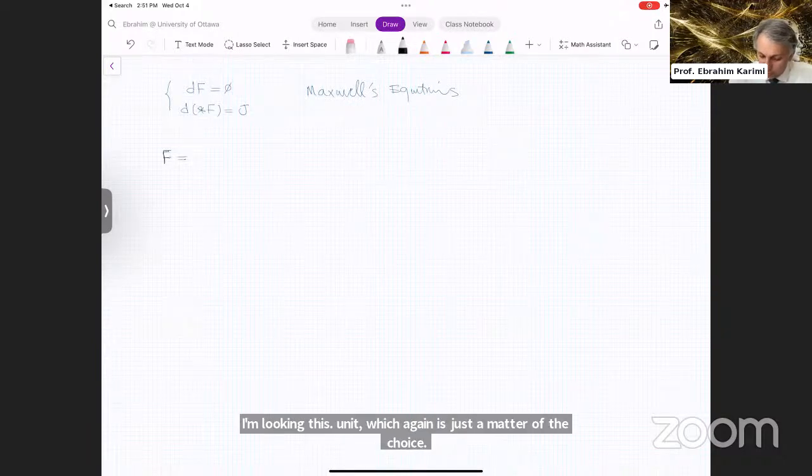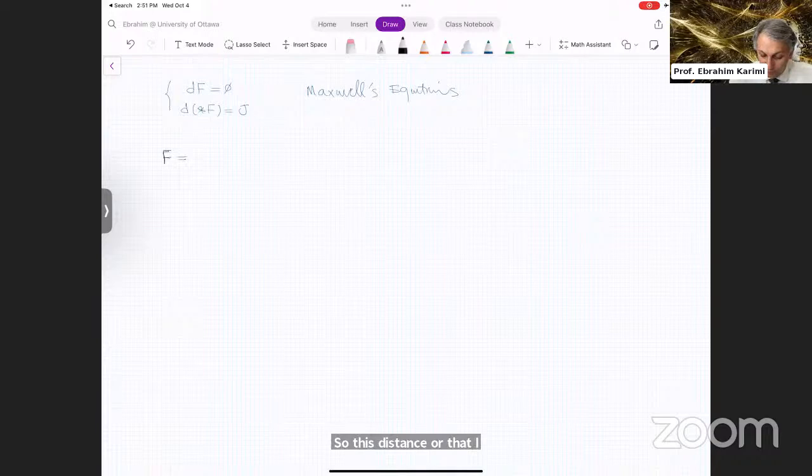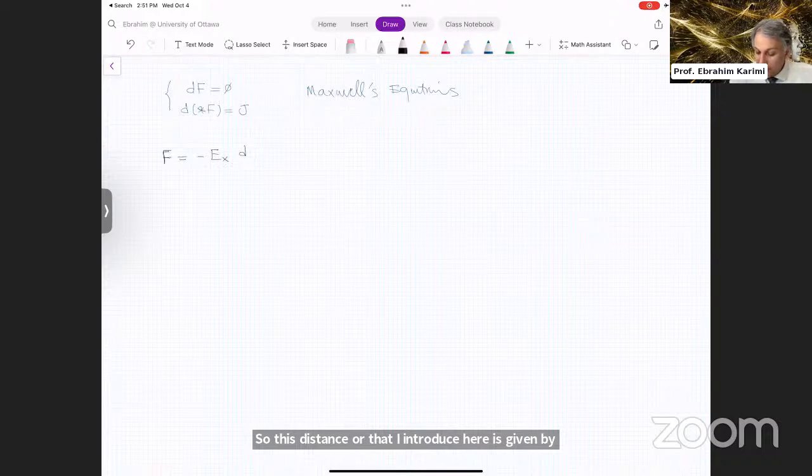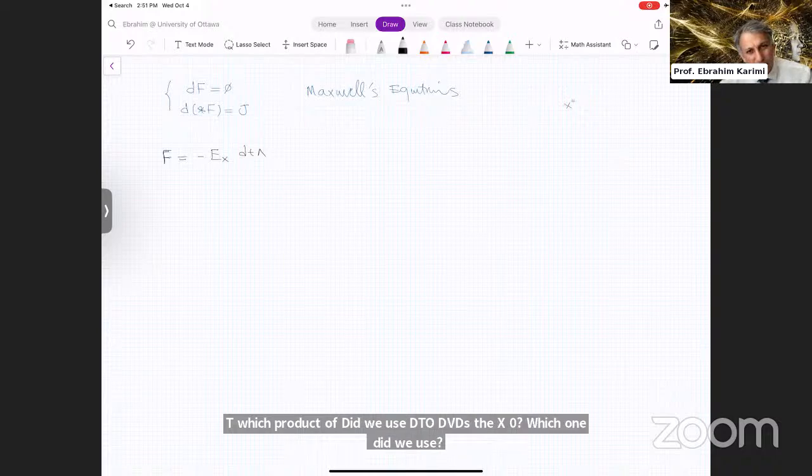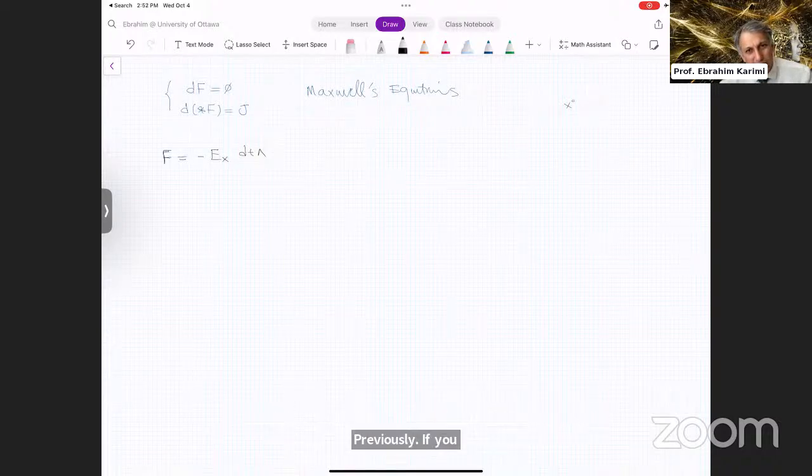So the stress tensor that I introduce here is given by minus Ex dt wedge dx, minus Ey dt wedge dy, minus Ez dt wedge dz. Did we use dt or did we use x0 previously, if you recall? Because I need those equations. Can someone type and tell me?